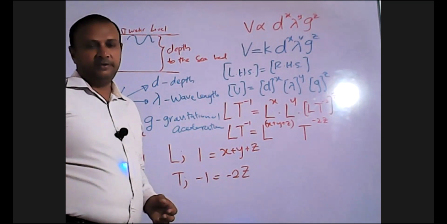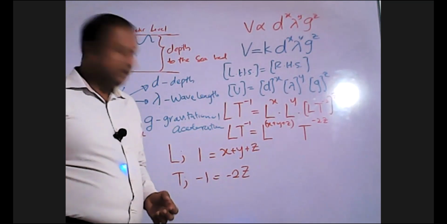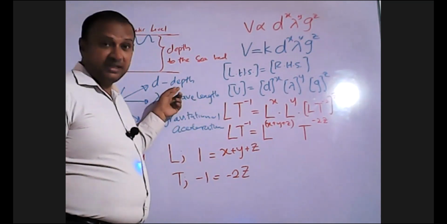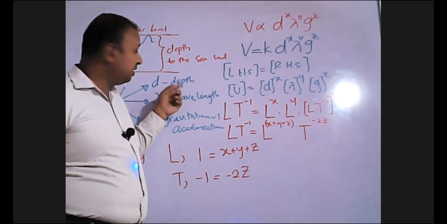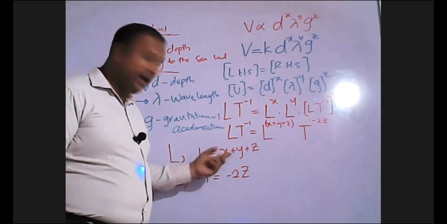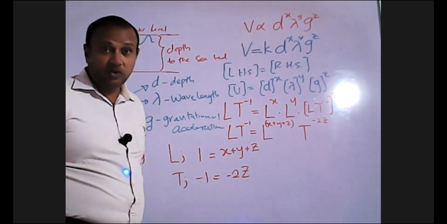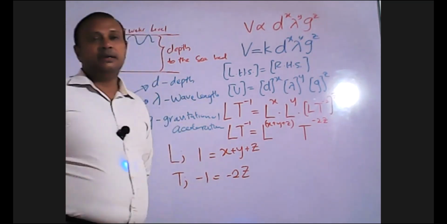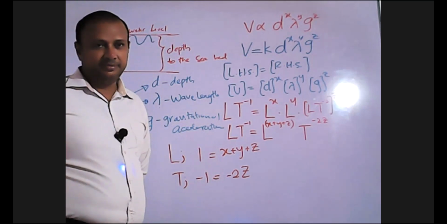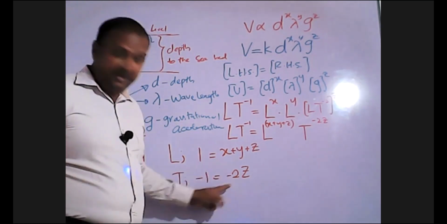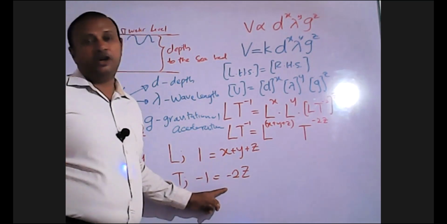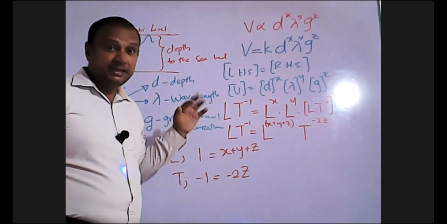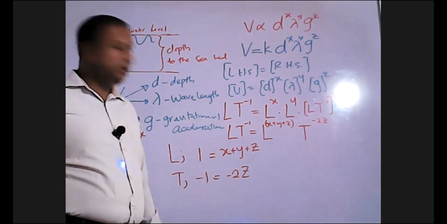That's why I wanted to mention depth: if there is depth, I cannot solve this equation, because I don't have enough simultaneous equations. This is a limitation of this analysis.